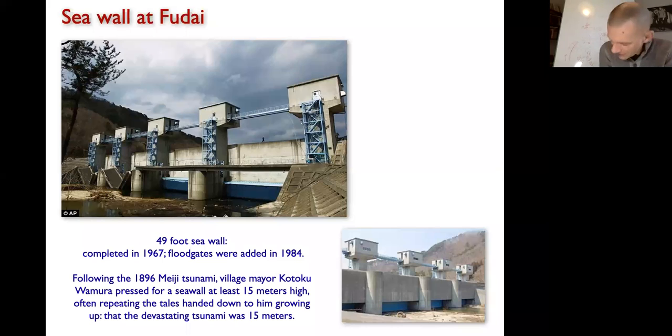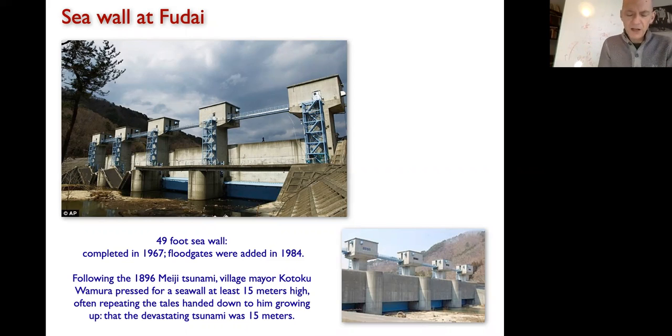So he was fighting to make it higher. And it was not easy because it's much more expensive. And if no tsunami occurred, no one would have complained, or maybe they would have complained about spending so much money on something maybe not useful.